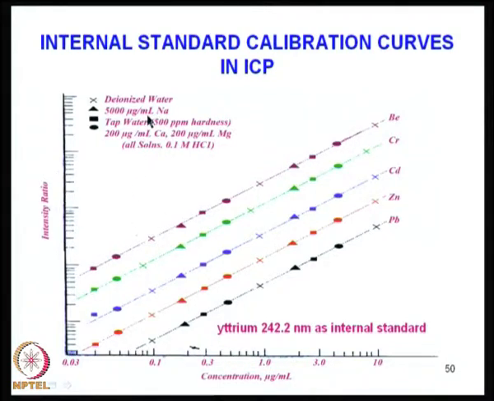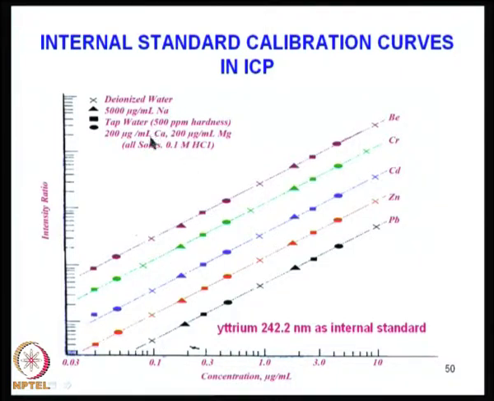And we have analyzed deionized water and sodium and then tap water of 500 ppm hardness and containing 200 microgram per milliliter of calcium, 200 ppm of magnesium, etc. And all these solutions are in 0.1 molar HCl.